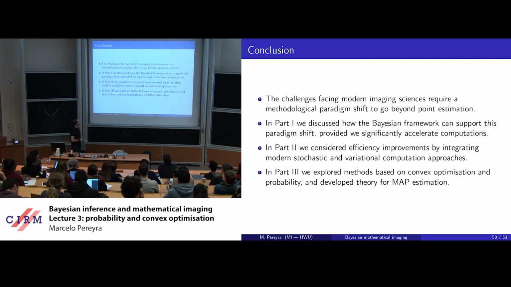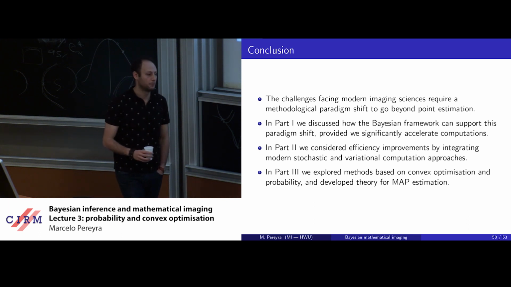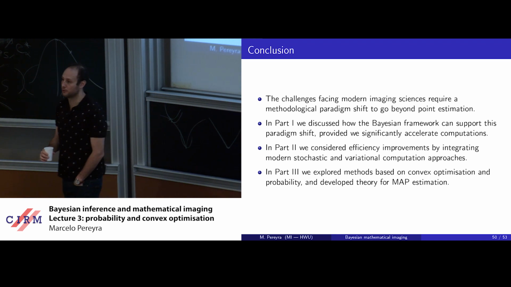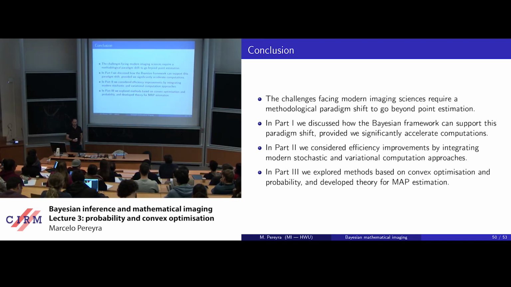Okay, so I'll conclude by saying that I really think that it's a time where imaging sciences need a bit of a paradigm shift, not because what we have is not good, but because what we have is incomplete. There's a number of problems that we know how to solve really well, but there are also others we don't know how to solve pretty much at all, where things are really green.